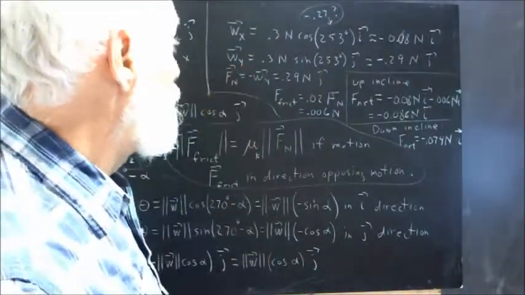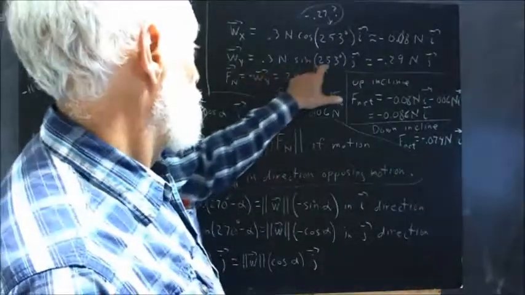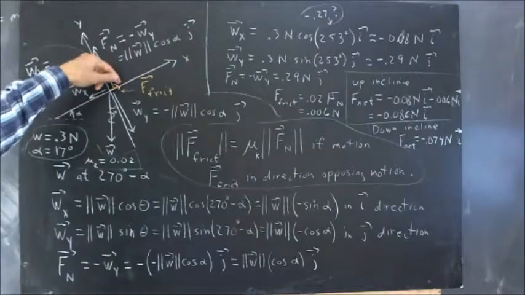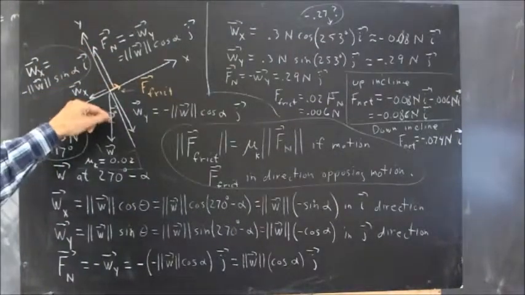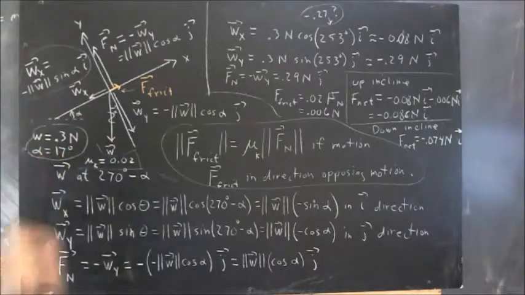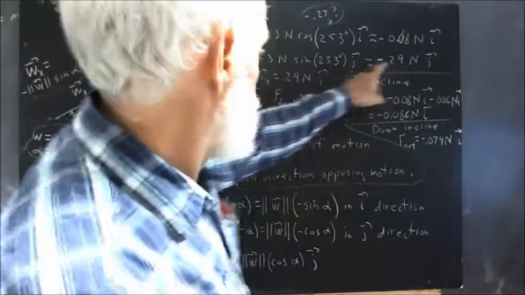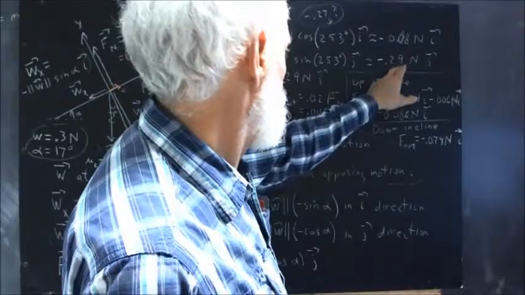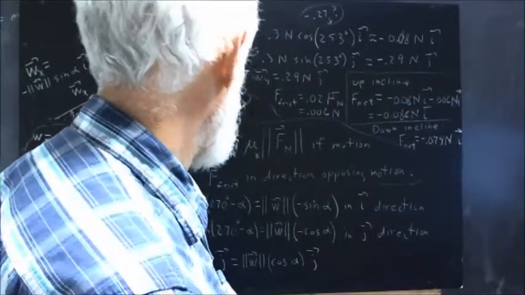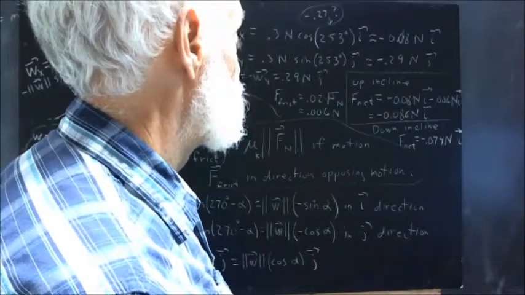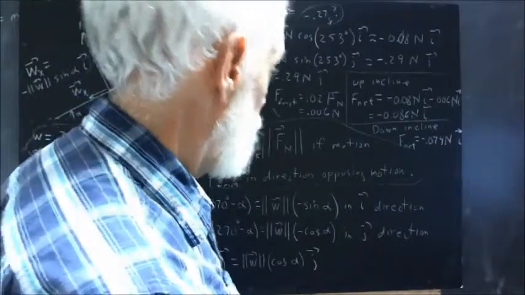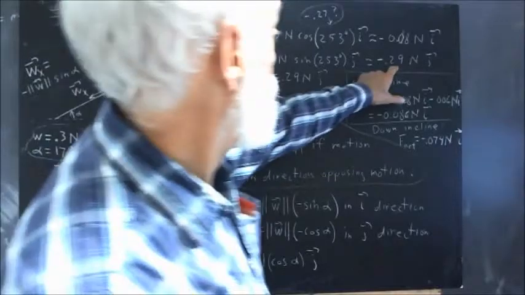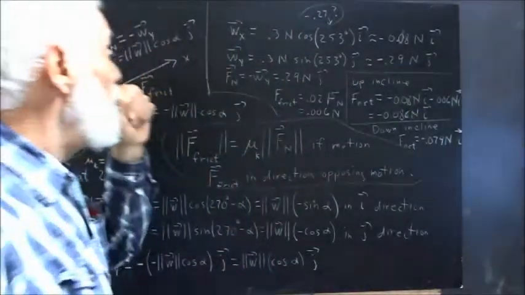Okay, the Wy is going to be 0.3 newtons times the sine of 253 degrees, 253 degrees being the angle from here around to here, 270 minus our 17, and that gives us negative 0.29 newtons times J. I think that one you can take to the bank. I'm pretty sure that one's right. But in any case, by all means, verify my calculation there.